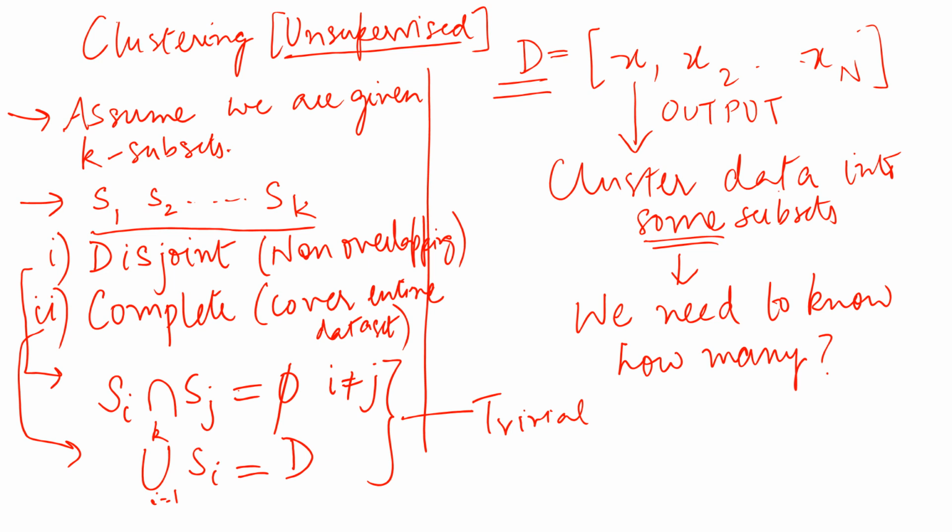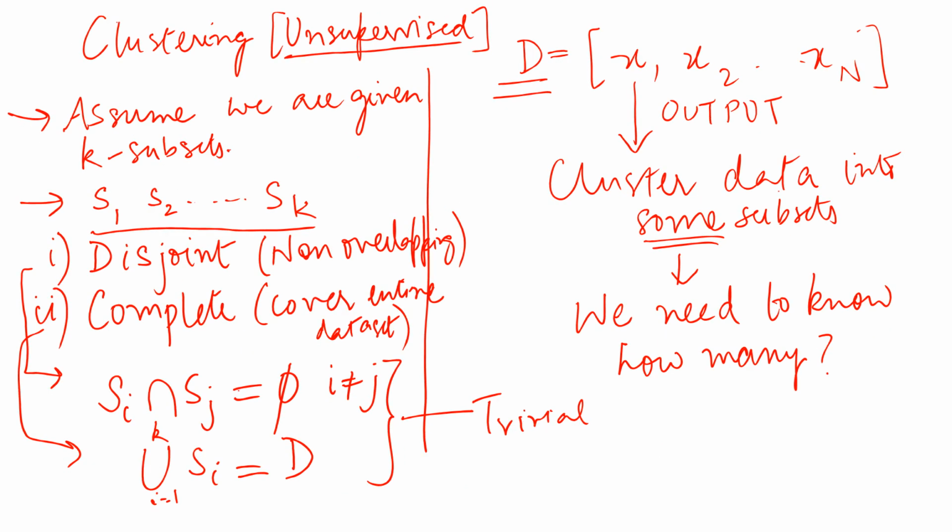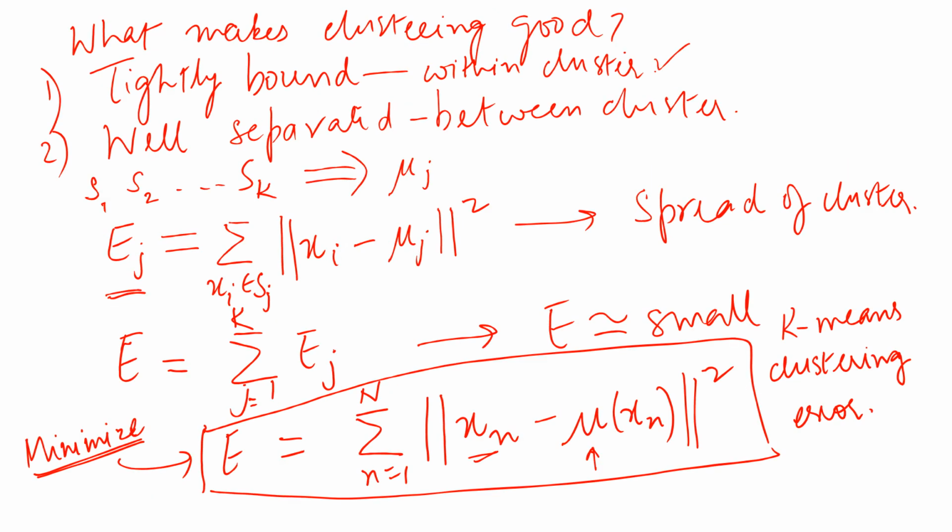And then point number one, a data point cannot belong to more than one cluster, right? And so that's why they are disjoint, because somehow we have to make sure that this data point has this center only, and so that's how I'm going to calculate the distance. So both these two points, disjoint and complete, are covered by this definition of my error. So it's pretty intuitive in that sense, and this is known as the k-means clustering error.